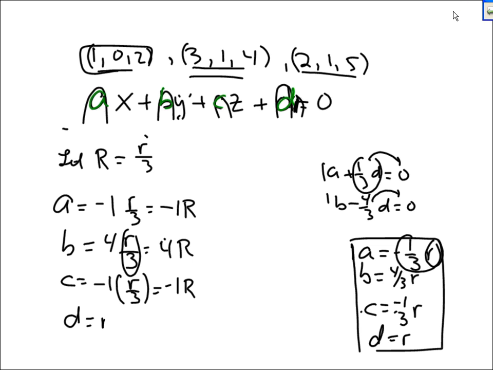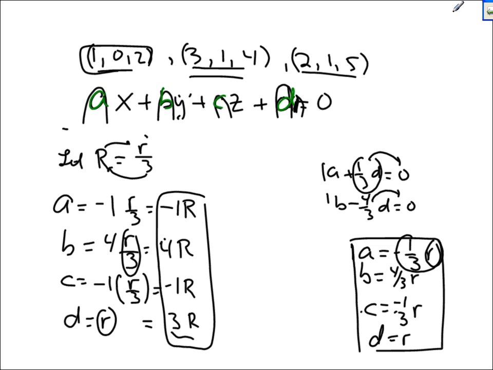And d is r, which is 3r. 3 times big R gives me little r. So little r is 3r, 3 big R. And I'd rather say that a, b, and c are these numbers. Now look, all I did was take 1/3 r and triple it. Negative 1/3 r.